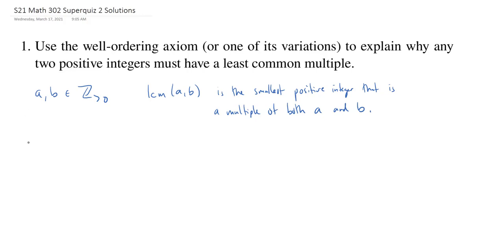So it's going to be useful to have the well-ordering axiom, and the basic one that we gave in class was what I denoted WOA greater than or equal to 0, which says that every non-empty, and that's a key point there, every non-empty subset of the non-negative integers has a smallest element.